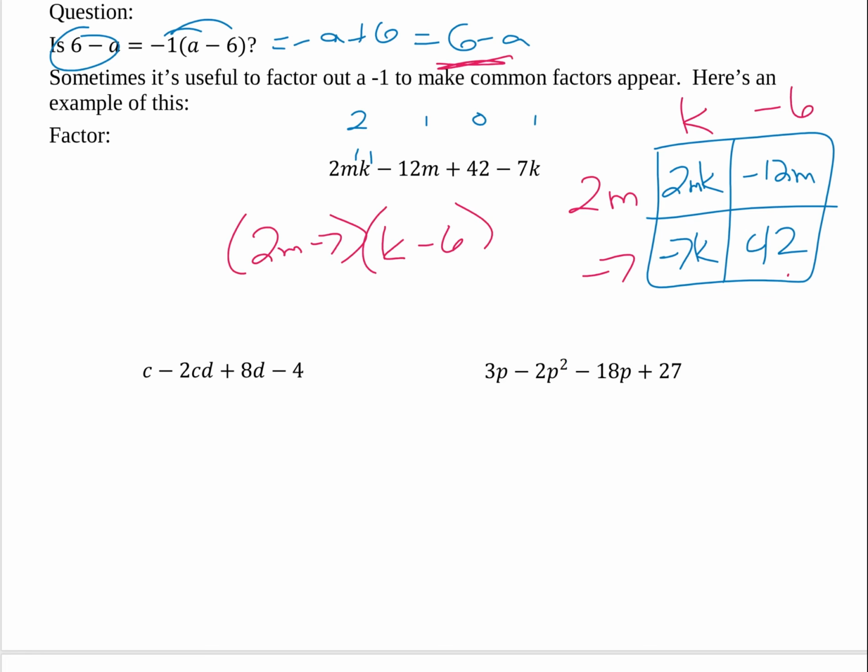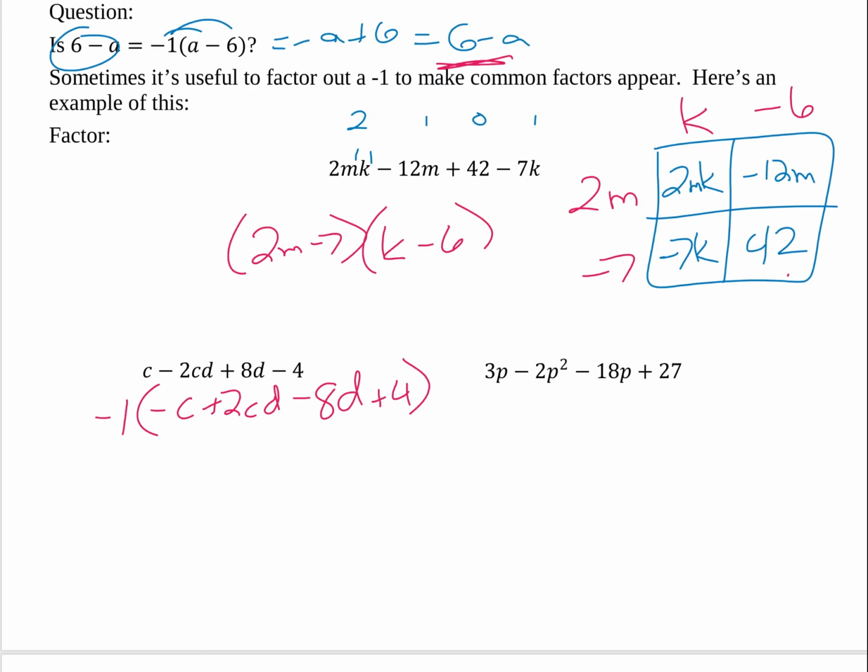There is no GCF, but we're going to factor out a negative 1 to make the highest degree term positive, okay? So when you do that, we have negative 1, open the parentheses. That makes negative c, so basically all the term signs are going to change, plus 2cd minus 8d plus 4. Because if I distribute that negative 1 in, it's just going to change all the signs back, okay?